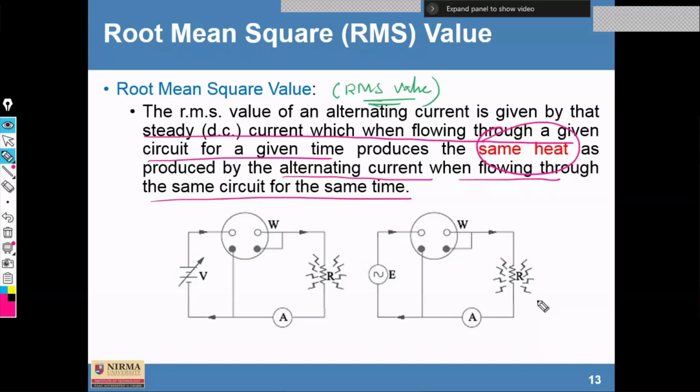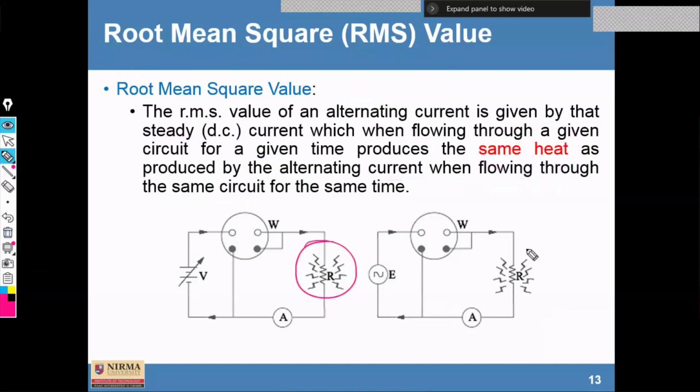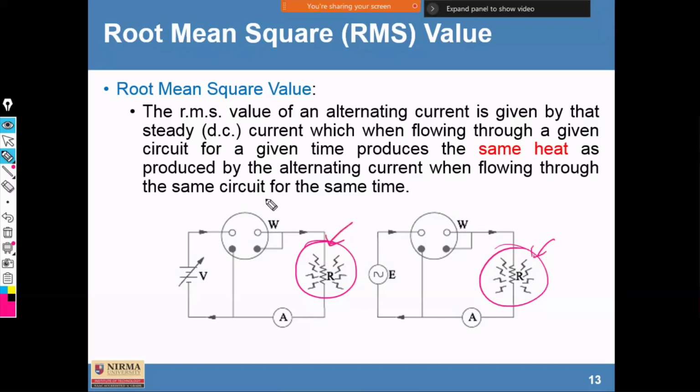Okay. Now, the meaning of this root mean square value is represented with two different circuits. So here, two circuits are connected having the same resistance, and a wattmeter is used to measure the power consumed in the form of heat.